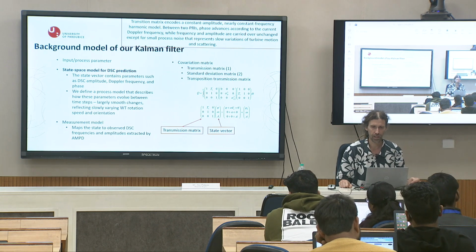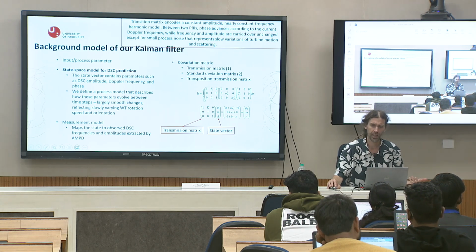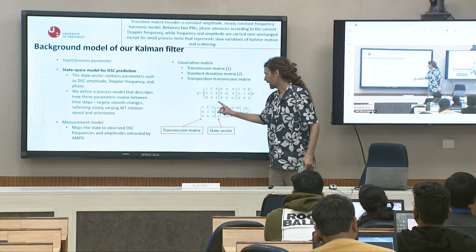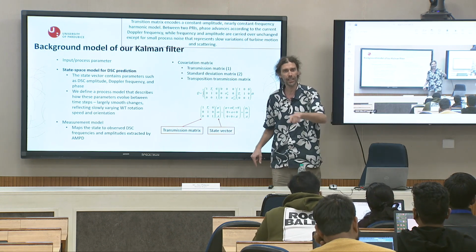Of course, we need to define also the covariance matrices. I would describe the covariance matrix as made of 3 parts. This one is the transition matrix. This middle one is the standard deviation matrix. And this is just the transposition of the transition matrix. But how will it look in reality? For our values, the transition matrix, the state vector, is the amplitude, frequency, and phase of our DSC component.